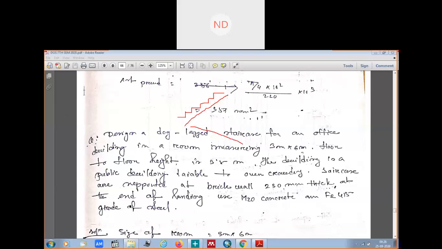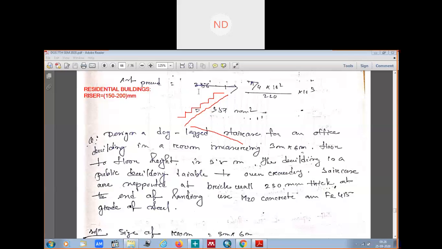So now for residential buildings, these things you must know. For residential buildings, how much do we take for our riser? We take it to be between 150 mm to 200 mm.